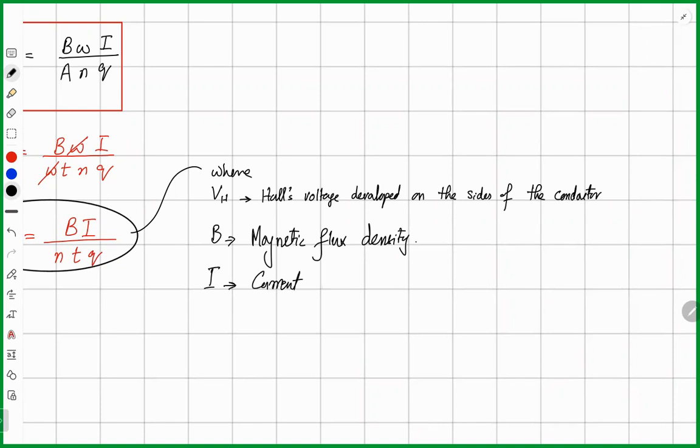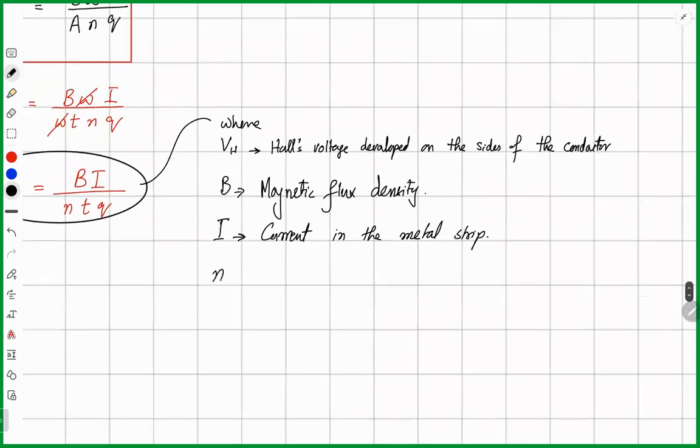I is the current in the metal strip. N is number density.